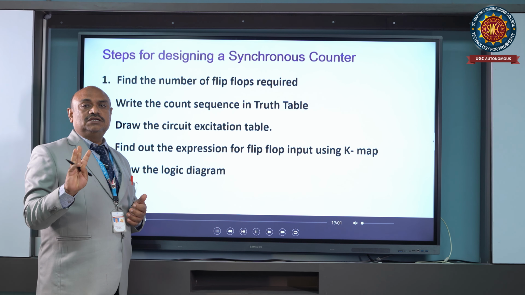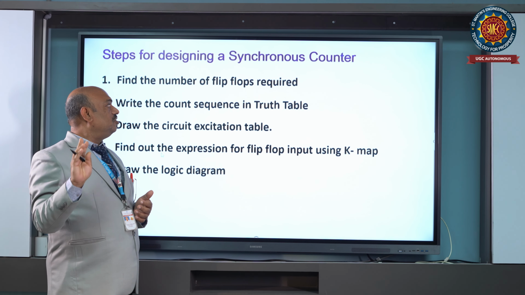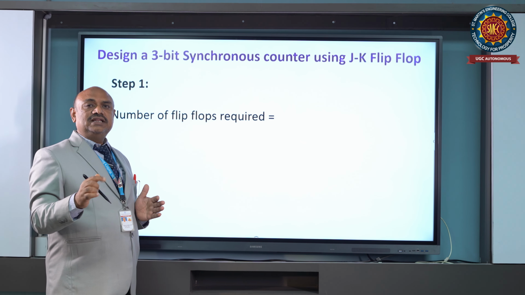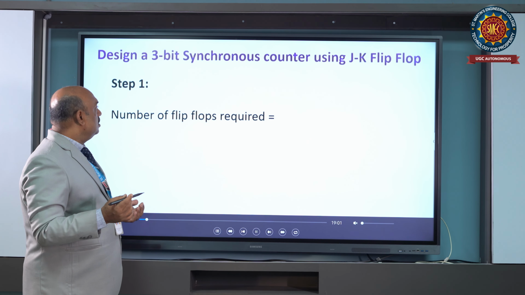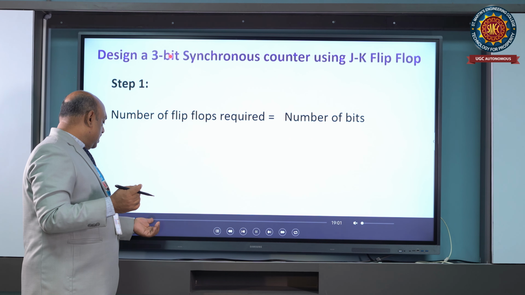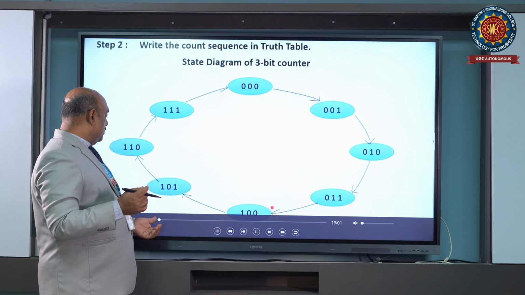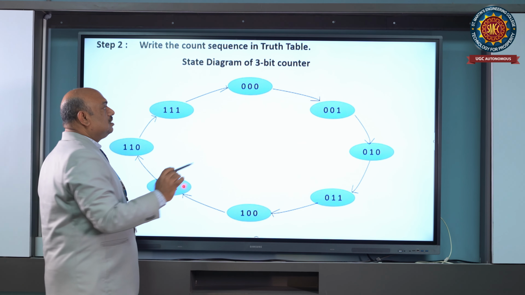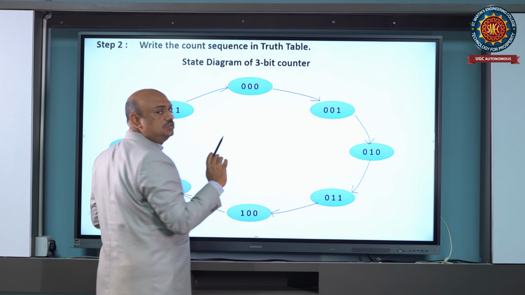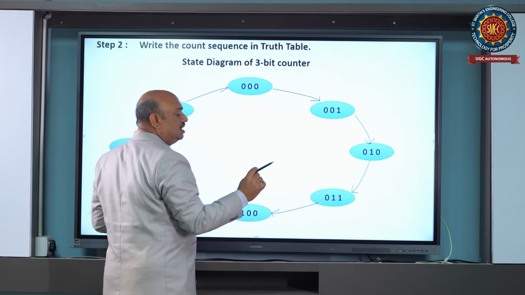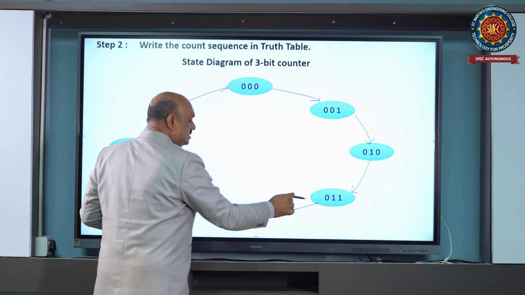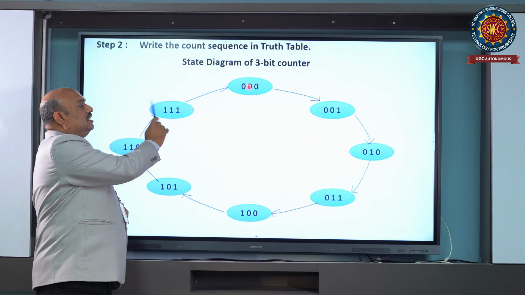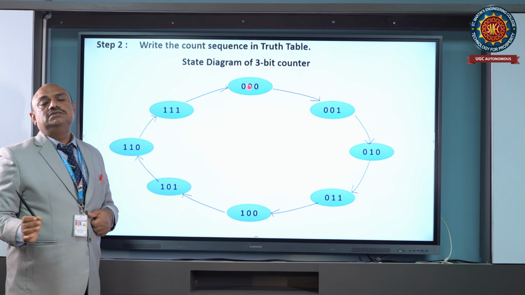Here we are designing a 3-bit synchronous counter, therefore you require 3 JK flip-flops. We first make a state diagram, then a state table, then the K-map equations, and then the design. First, the state diagram: this counter counts 000, next state 001, next 010, next 011, next 100, next 101, next 110, next 111, and finally 000.